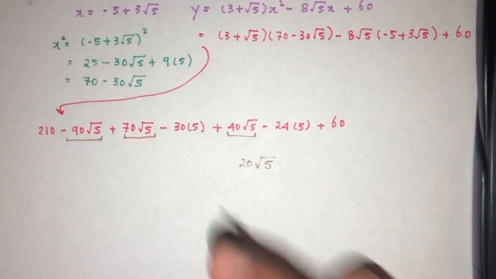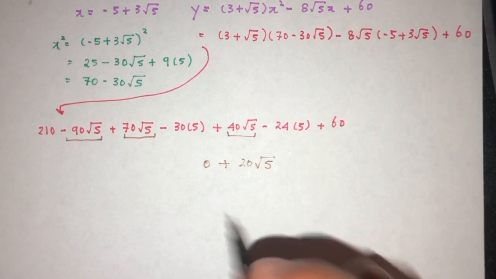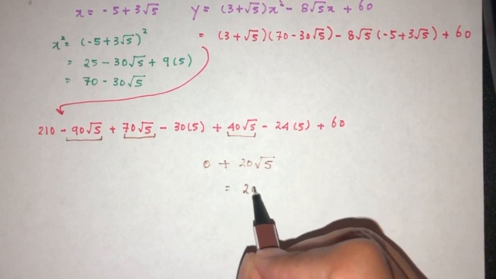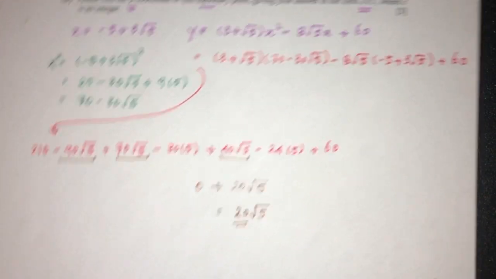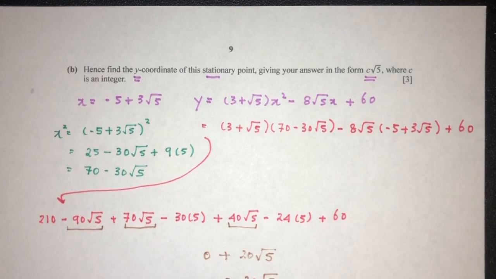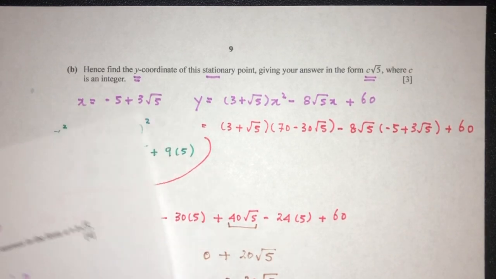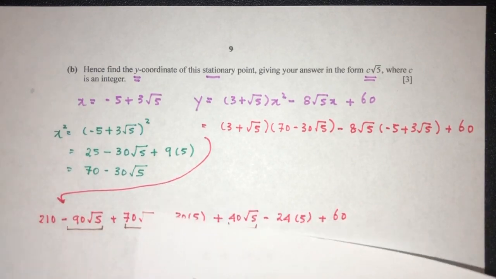That will be 0. So 0 plus 20 root 5. Your answer will be 20 root 5, where this is your value of c. C will be 20 according to the question. And that will be part B of your question number 6, sorry. Now let's move on to question number 7.